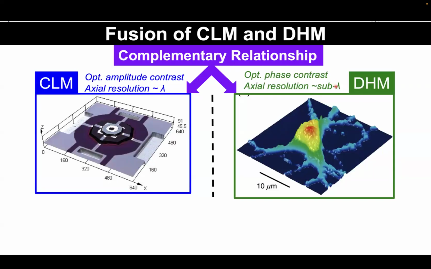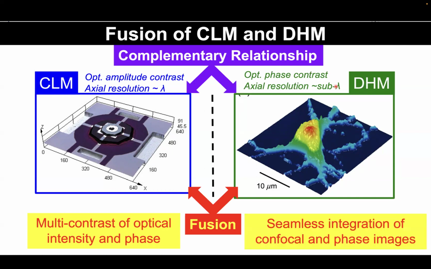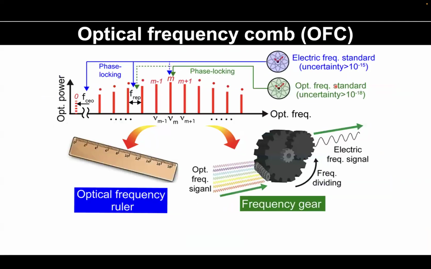In this way, the CLM and the DHM are complementary to each other. So if we can combine these features in the same optical configuration, it gives a much richer contrast of optical intensity and phase and enables a seamless integration of confocal and phase images.